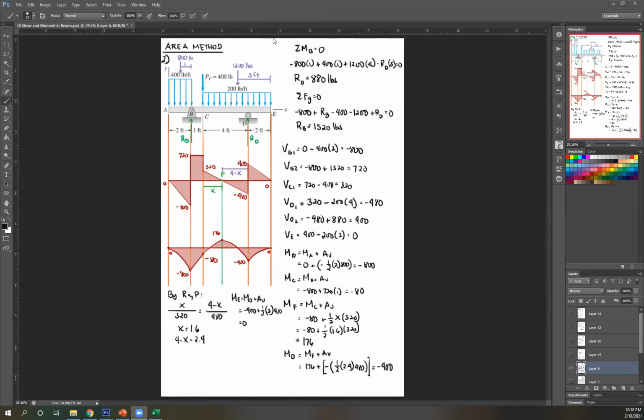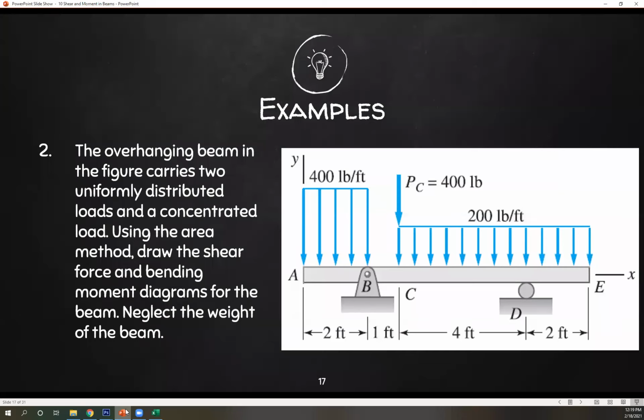Please answer yes or no. All right, great. So that ends the area method.